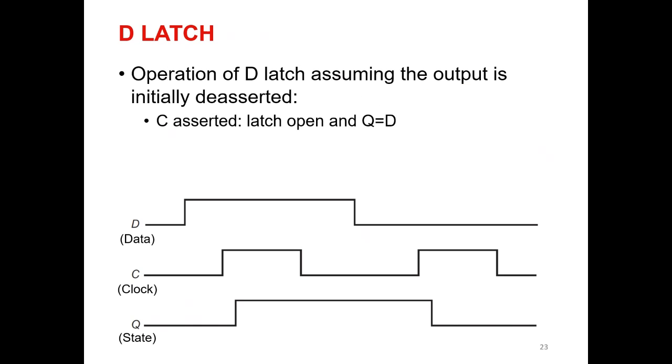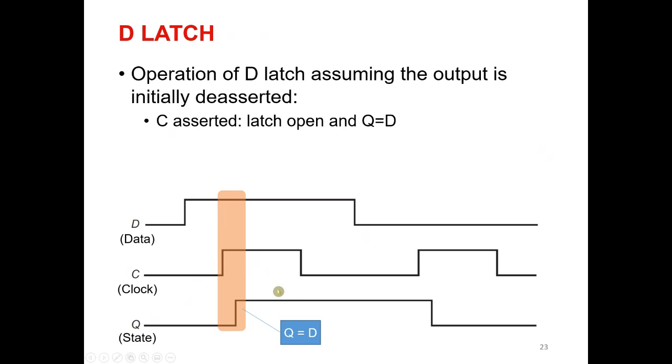Okay, so graphically, imagine here we have data and we have a latch, and we have said that the latch changes when the clock is asserted. Initially the clock is not asserted, so the clock is 0, and when the clock goes up to 1, it is asserted. Then Q will be equal to the value of D. In this case, Q was 0 and D is 1, so Q will be equal to D, which means Q will be 1.